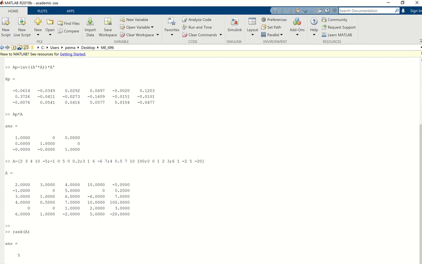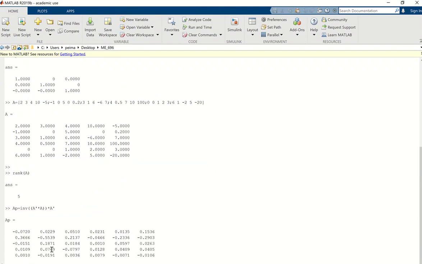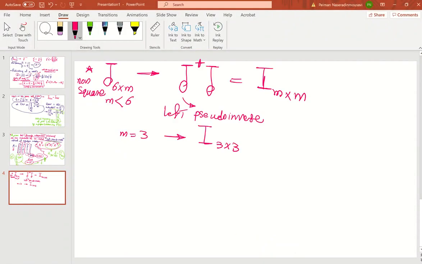Okay, if I use this formula again, because it's left pseudo inverse, right? Here we go. It's going to be 5 by 6. That's right. So 5 by 6, see, 1, 2, 3, 4, 5, and 6. So based on whatever we generalized, suppose that you have 5 degrees of freedom robot in the space, so you're going to have a 6 by 5 Jacobian matrix.